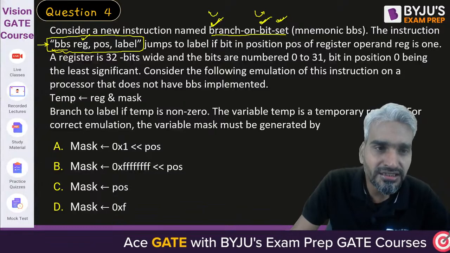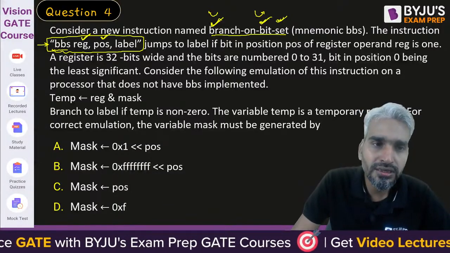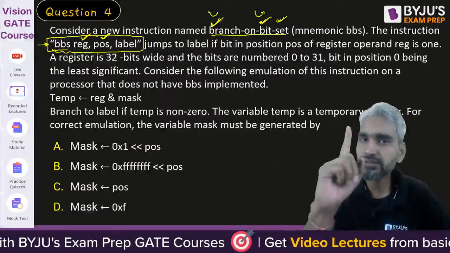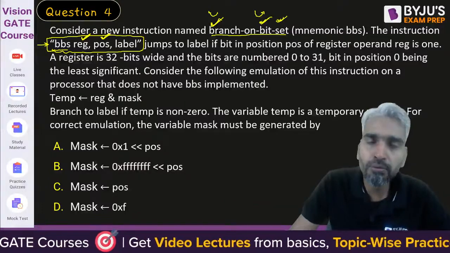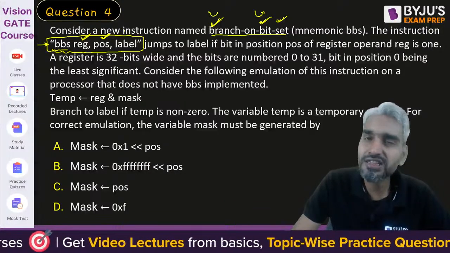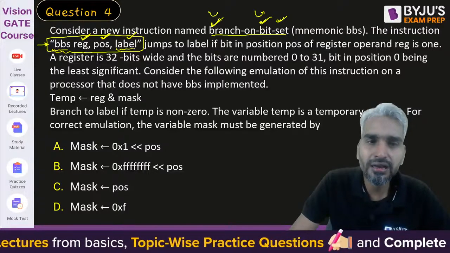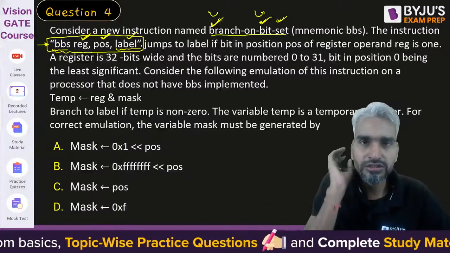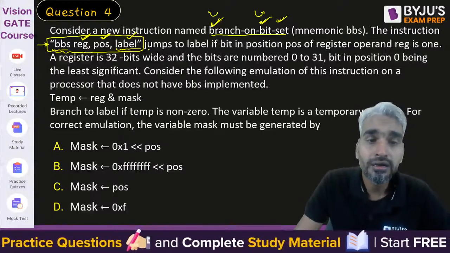Within this register, if the bit at position pos is set, meaning 1, then we will jump to this particular address which is defined in the label. That's what is being defined in the question.